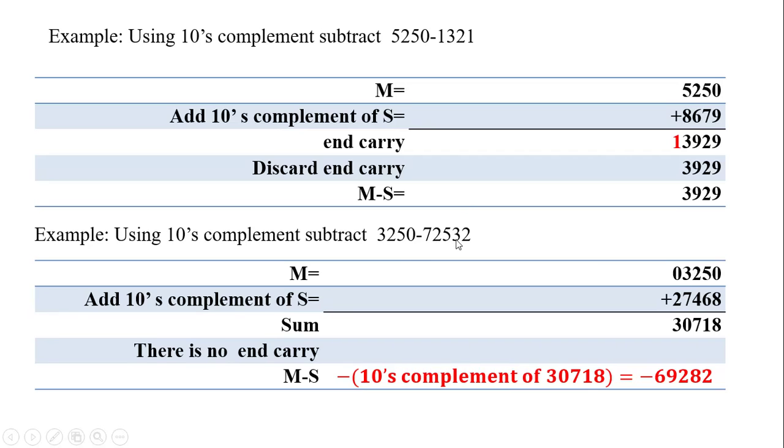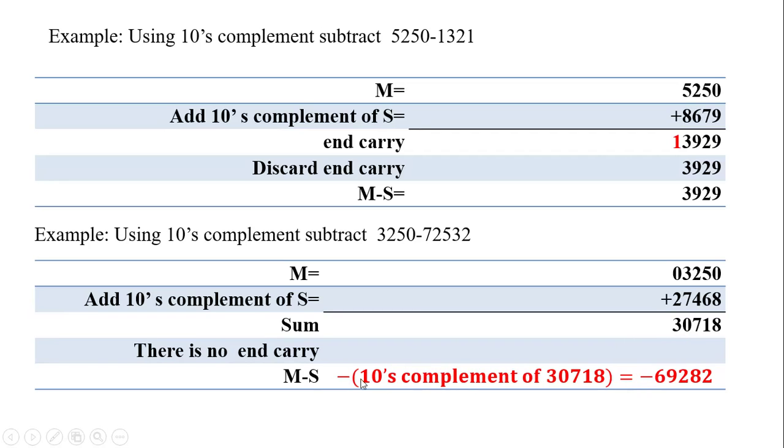So 72532, then the tens complement of this number is 27468. So we add. This is a 5-digit number, this is a 5-digit number, and this is a 5-digit number, so there is no end carry. So what we have to do to find M minus S? Take the tens complement of the sum and place a negative sign in front.